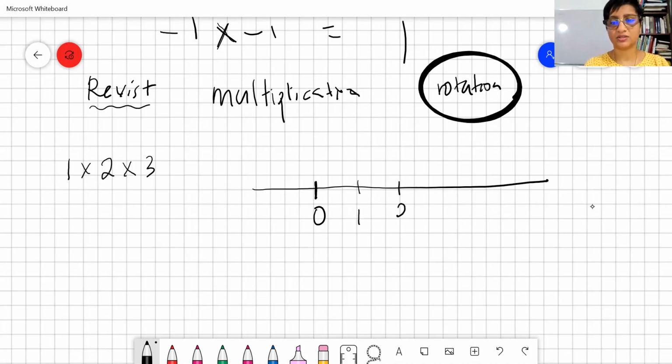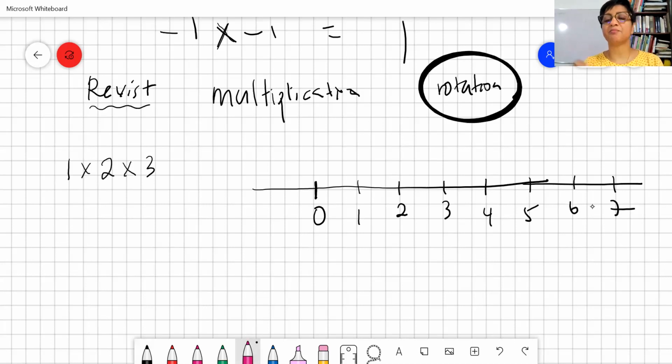Say 1, 2, 3, 4, 5, 6, 7. Any multiplication, you start with 1. When I say 1, think of 1 as a little arrow from 0 to that number. That's 1 unit long. It's like a vector, a vector in 1 dimension.